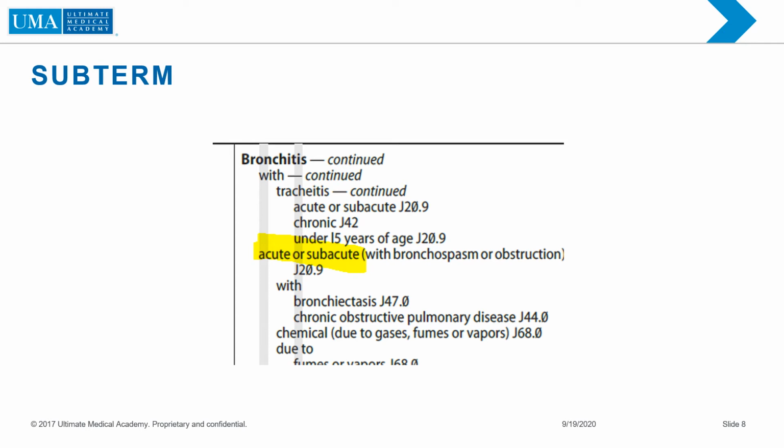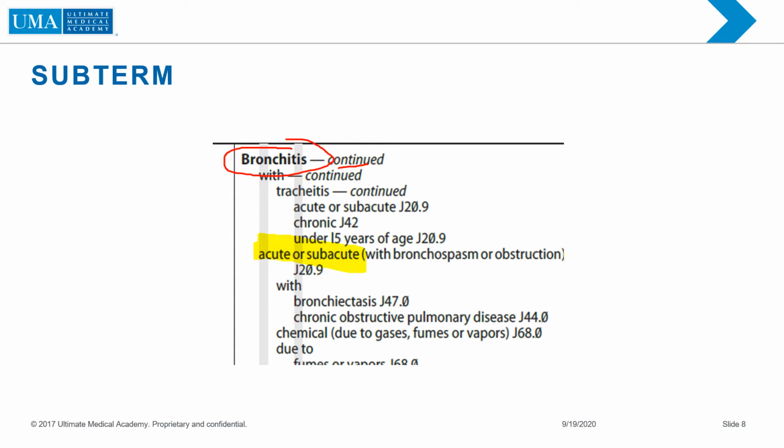Let's go back to the beginning when we were talking about acute bronchitis. If you go in your alphabetic index and go under bronchitis, you're going to see here, just like I talked about in the last slide, see how this says continued? This is at the top of the second column in this book.